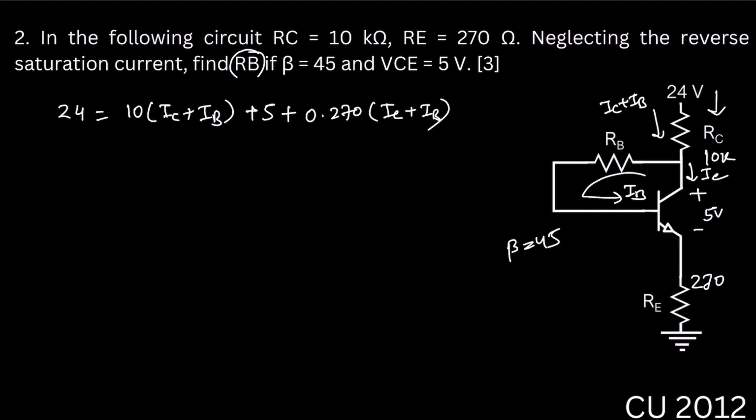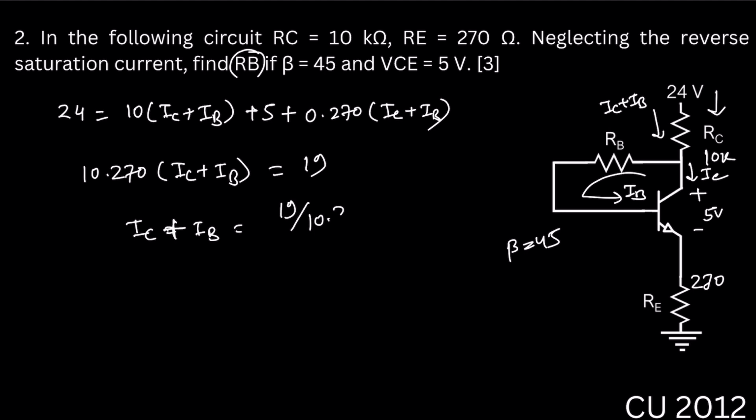Okay, from here we can get 10.270 (IC plus IB) equal to 19. So IC plus IB equal to 19 by 10.270.